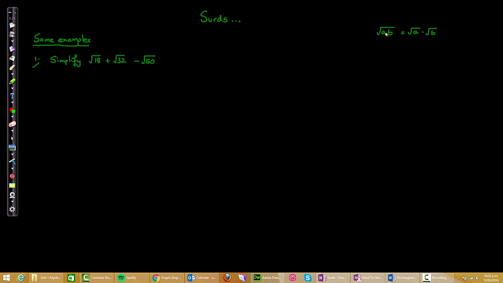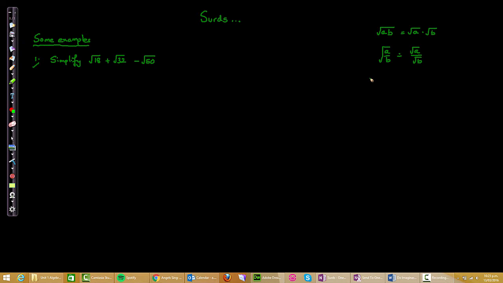So the square root of a times b is equal to root a times root b, and the square root of a divided by b is equal to root a over root b.